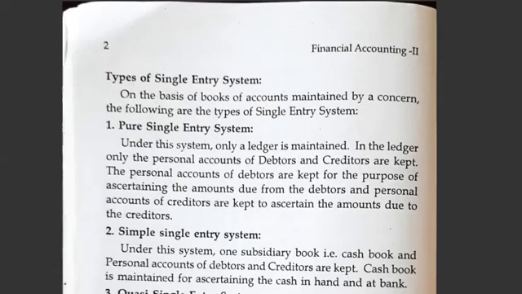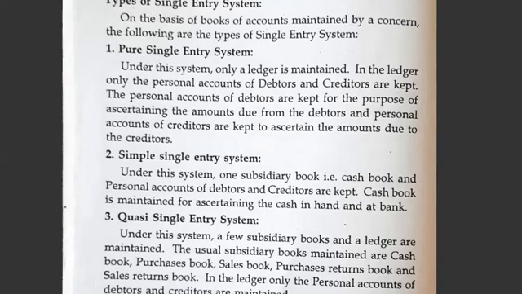Now let us see, there are three types of single entry system. There are pure single entry system, simple single entry system and quasi single entry system. What is pure single entry system? Under this system only a ledger is maintained. Only the personal accounts of debtors and creditors are kept, and not the related other accounts.